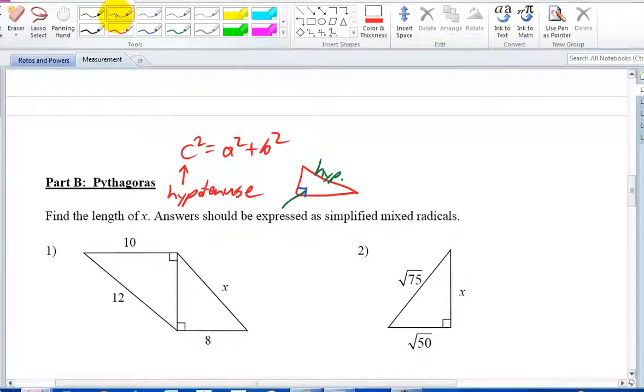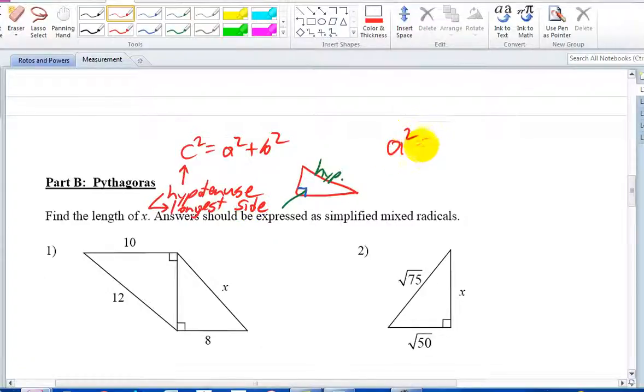Now, when you're checking your answers, what's the most important thing to look for? Your hypotenuse is what? You're right. It's the longest side. So it should be the biggest number. So check your answers. If you get some number that's bigger than it, you got a problem.